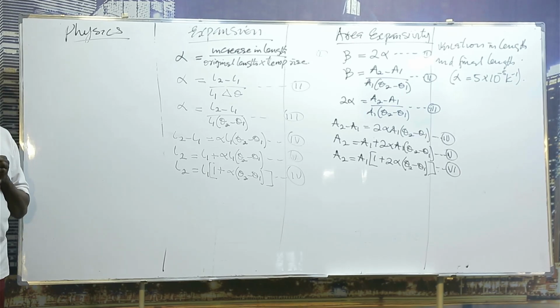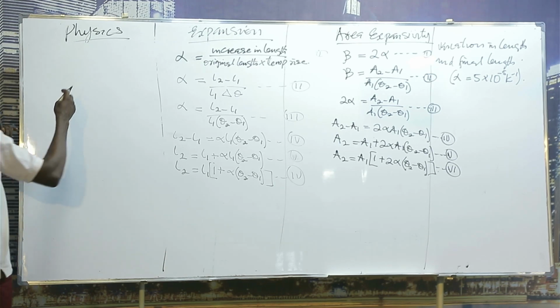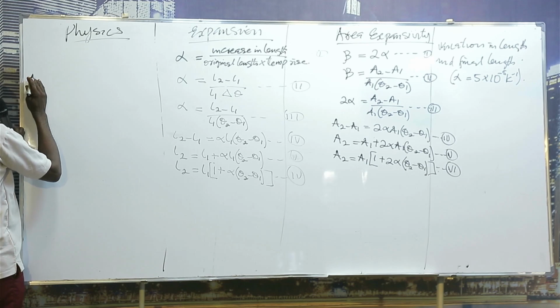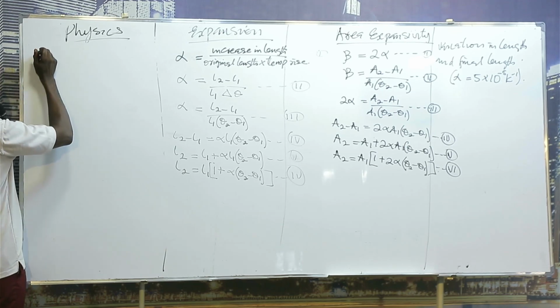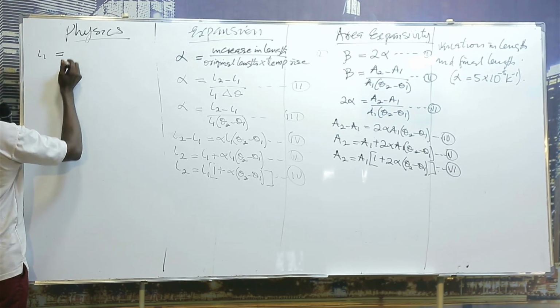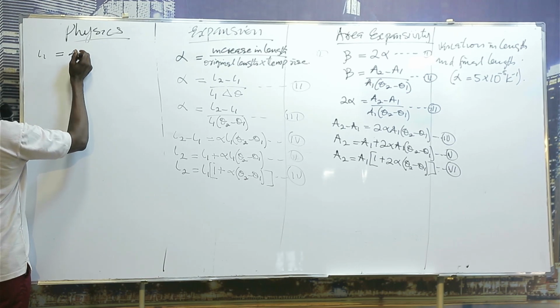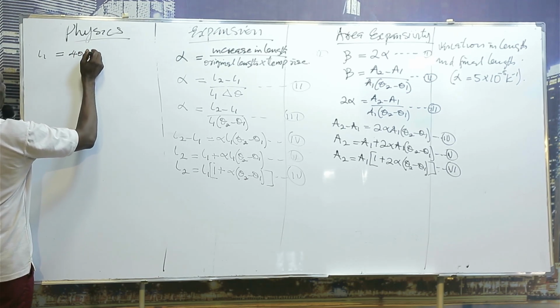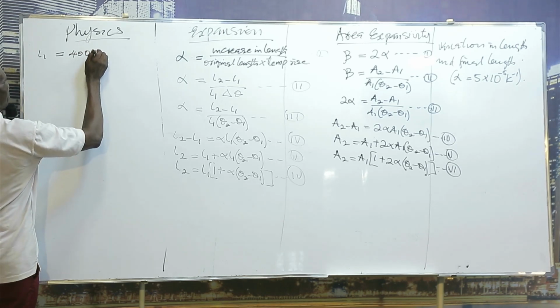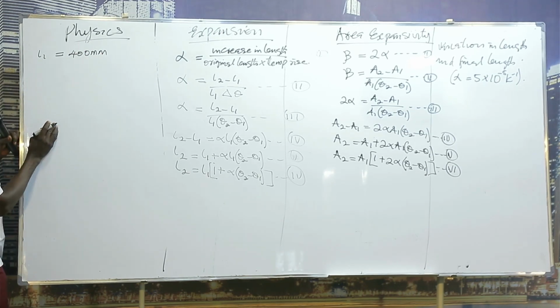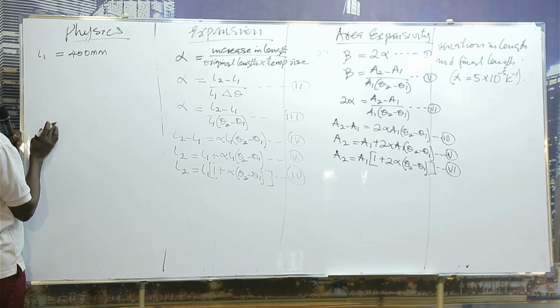Okay. So let us now look at the question. Please give me the first parameter in that question. L1 is 400 millimeters. What's the second?